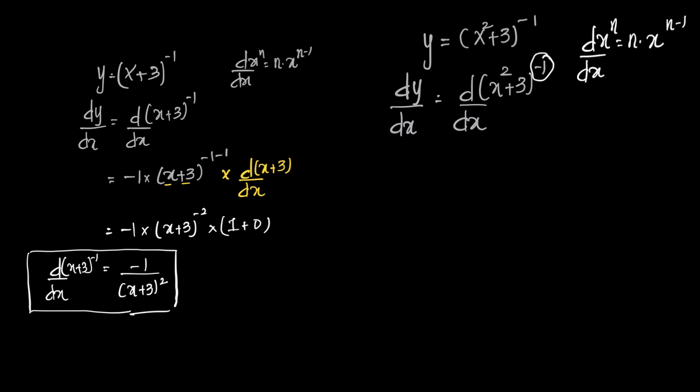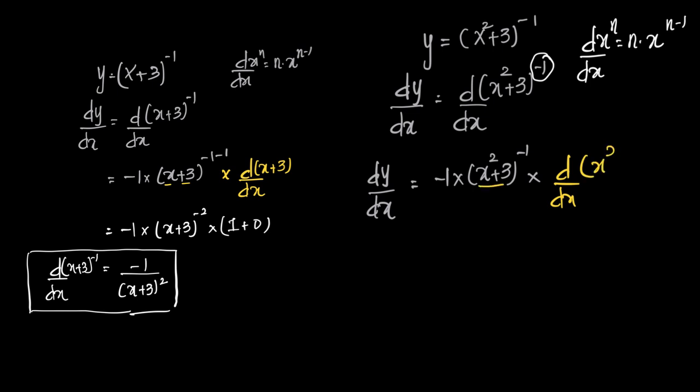Here n is equal to minus 1, which will change the equation as dy by dx is equal to minus 1 into x square plus 3 the whole to the power minus 1 into d by dx of what is inside, x square plus 3.